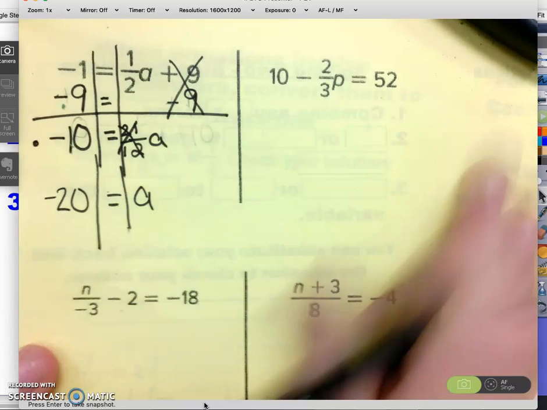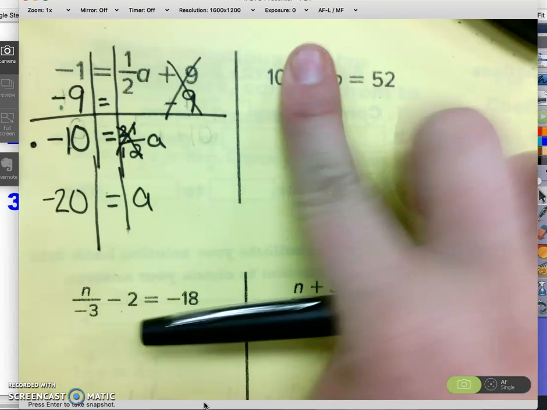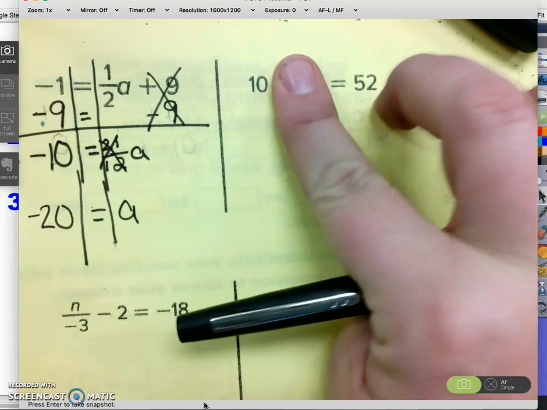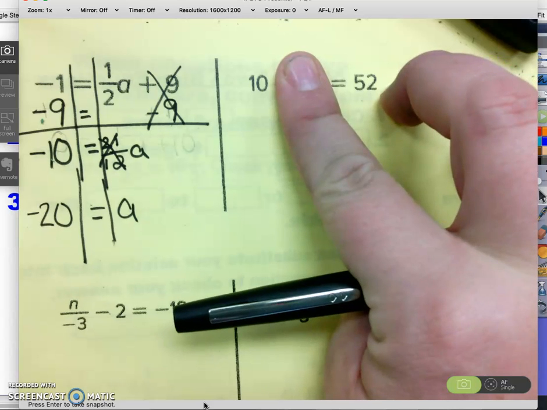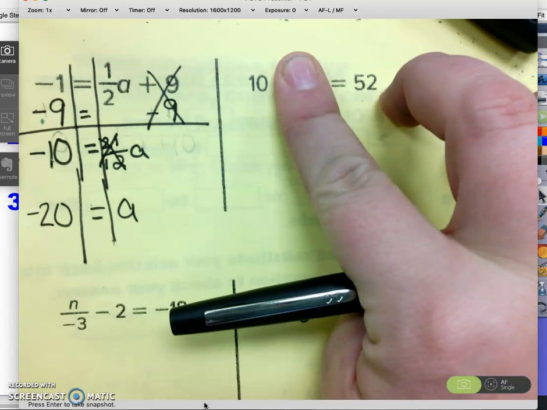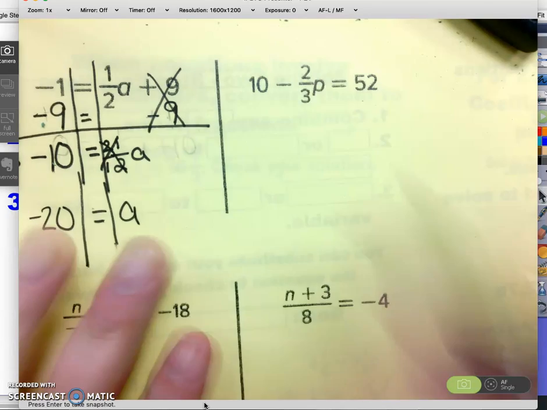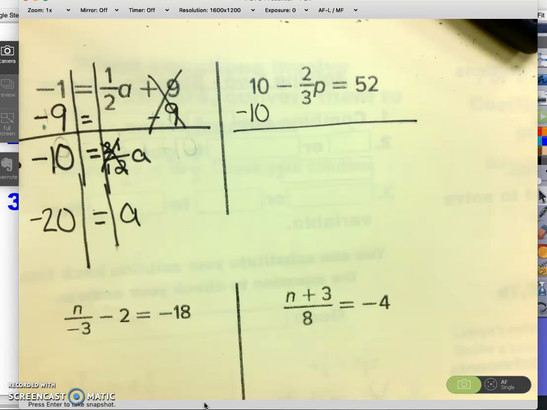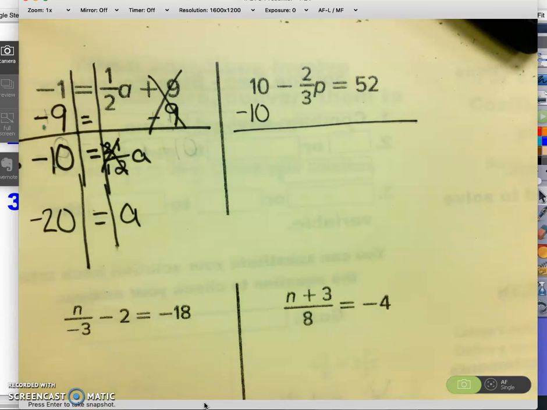Okay, this one. This is why I said don't look at what's after your constant. Look at what's before the constant. How do I get rid of 10? -10. Again, let me do the wrong way real quick. Sorry, I just like to show common mistakes that happen.